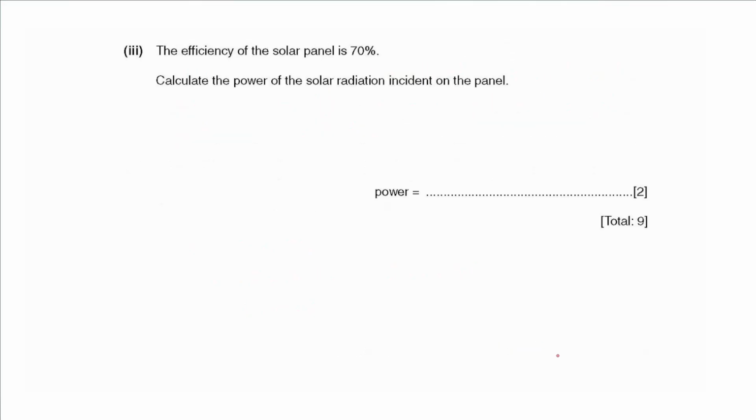Part 3 says the efficiency of the solar panel is 70%. Calculate the power of the solar radiation incident on the panel. That would be the input power. We have the output energy, then we need to calculate the output power. The output power is equal to the energy, which was 4149.6, divided by the time, and that was 70% of the energy.